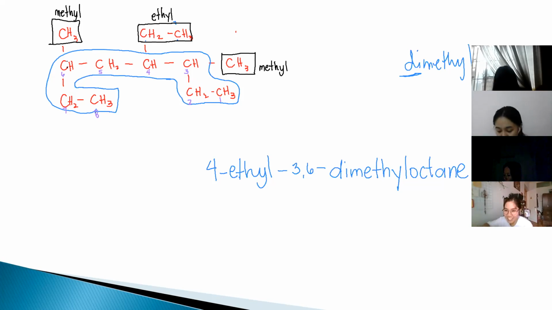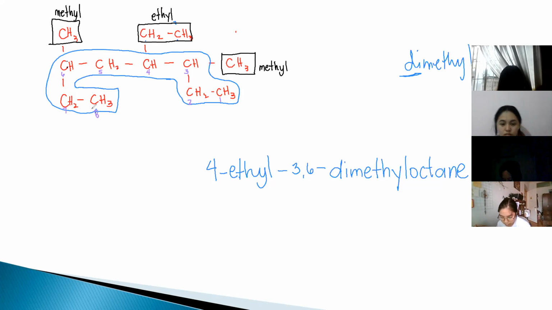Yung mas near po ba ang 1? Yeah, yung mas near ang location ng substituent, yun yung magiging carbon number 1 mo. Now, kung nag-count ka at on both ends, parehas yung first substituent, parehas silang at carbon number 3, isusunod mo yung next na substituent.